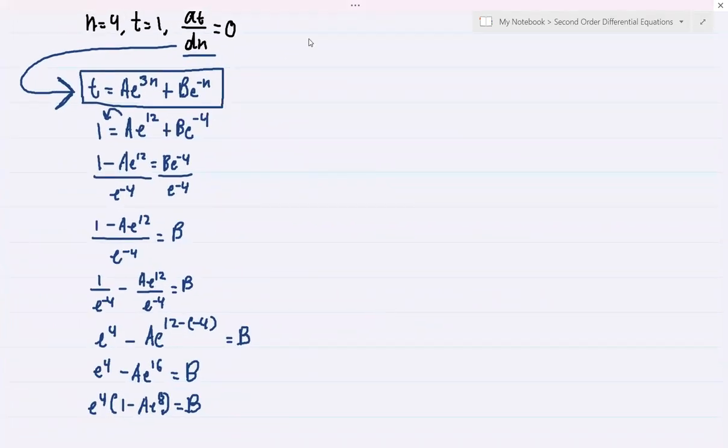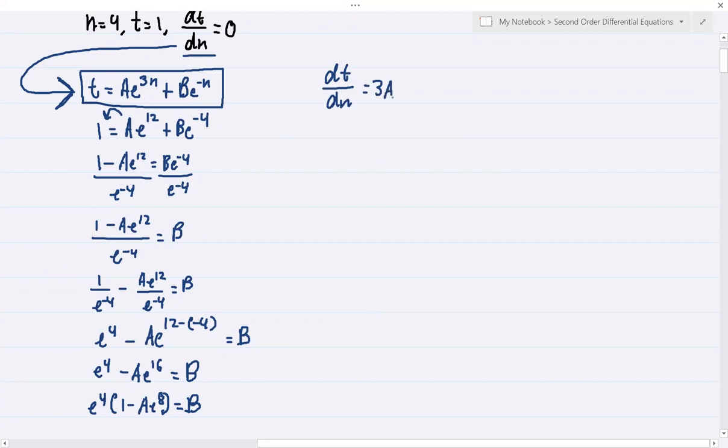So by doing so, we will have the derivative of your T is equal to 3a times e raised to 3n minus b times e raised to negative n. That's it. I got this by simply getting the derivative of each of the given terms in your general solution.